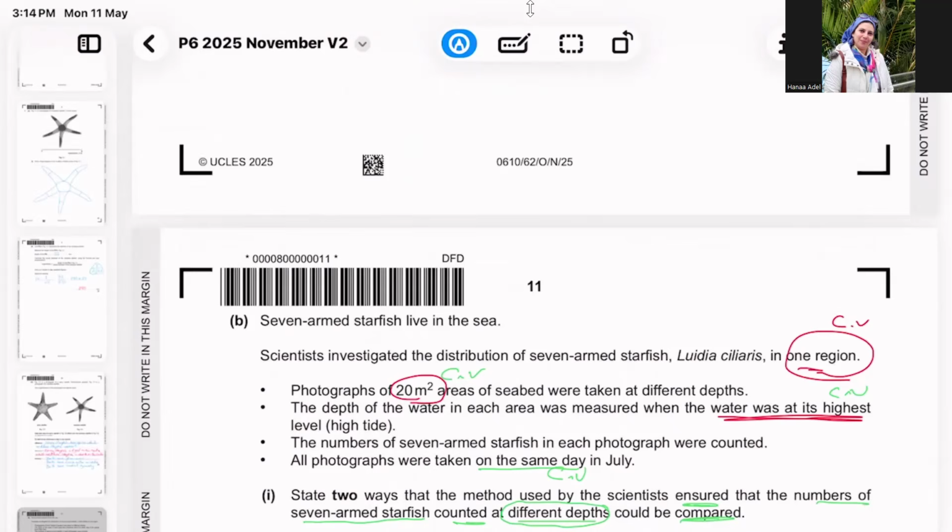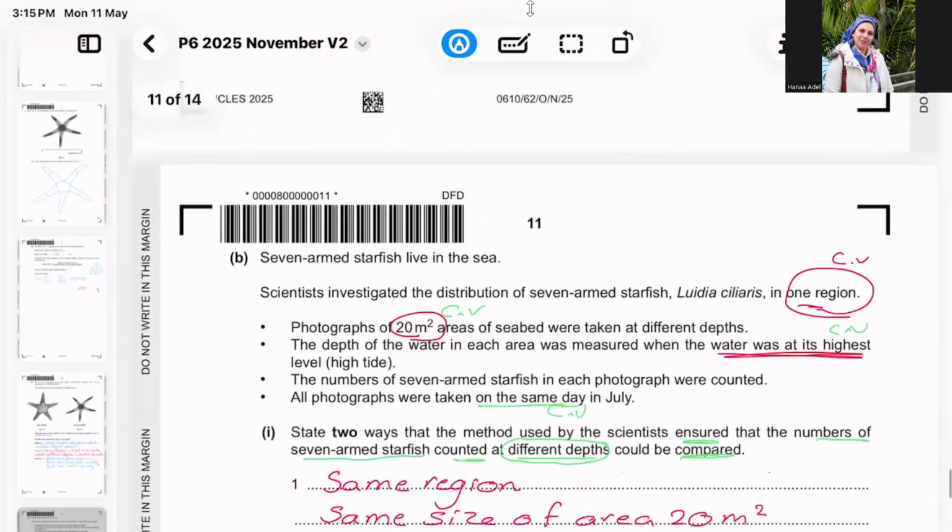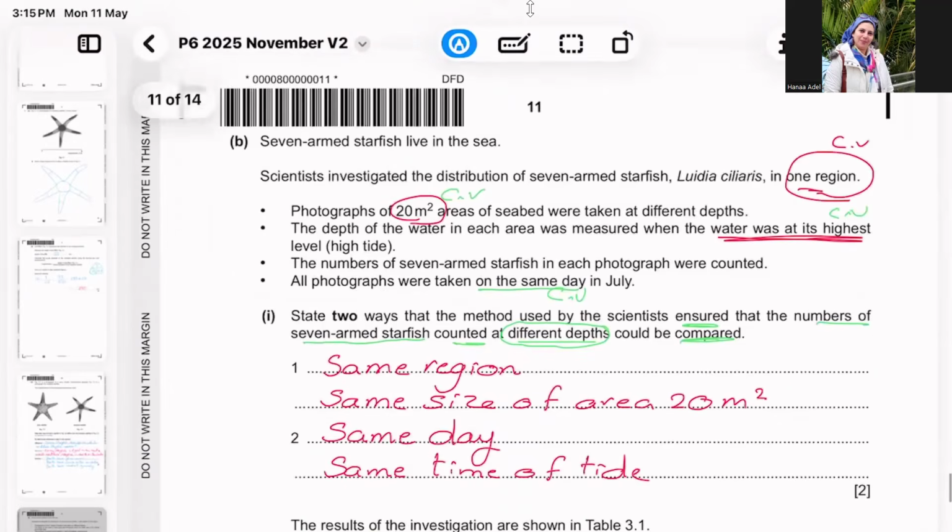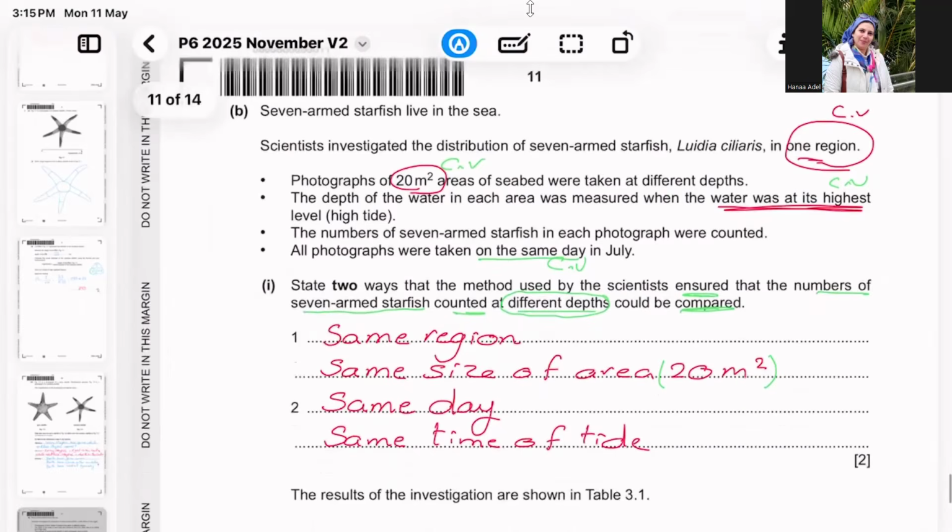We have different depths in the same area, at the same high tide, on the same day in July. So only one factor changes, which is different depth. So the answer is the same size of area, which is 20 meters square, and the same day, the same time of tide.